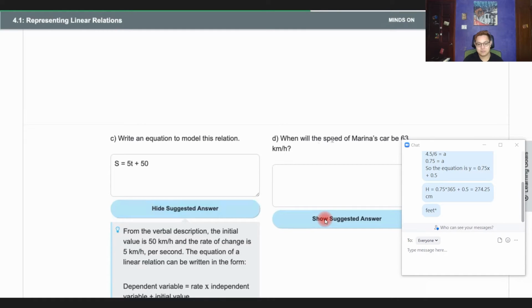When will the speed of Maria's car be 63 kilometer per hour?